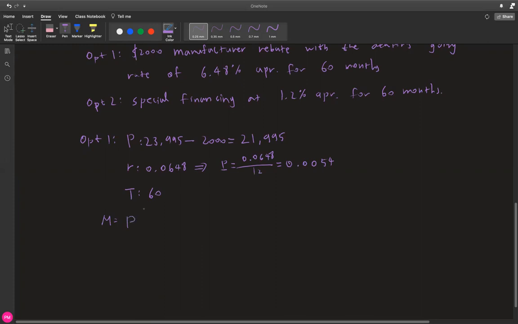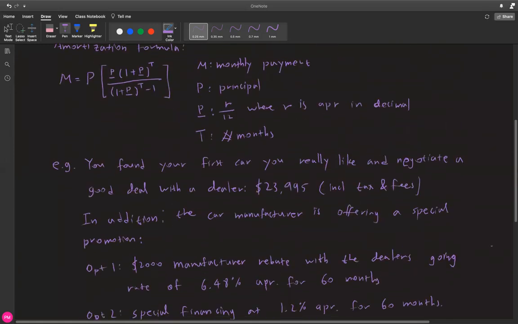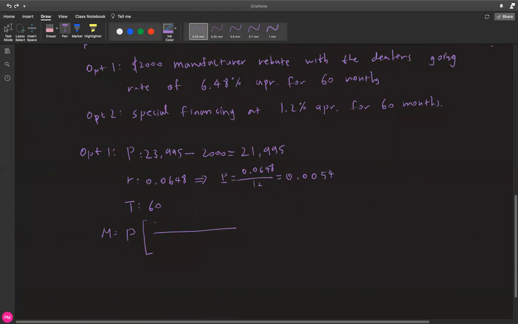M equals the principal multiplied by the periodic interest, 0.0054, multiplied by 1 plus the periodic interest to the power of the total number of payments, and divided by 1 plus the periodic interest to the power of the total number of payments, minus 1, like this.